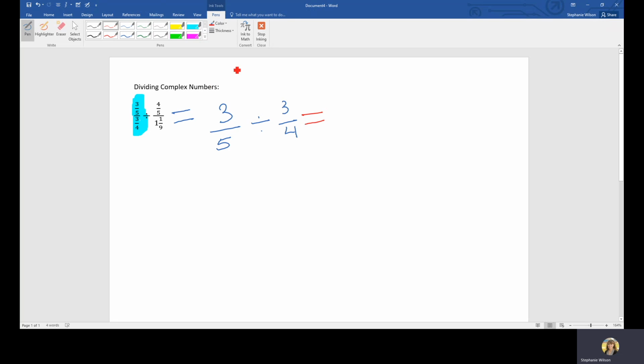And I want to talk to you about dividing with fractions. There's a rule when dividing with fractions, and that is you keep the first term, comma, change the operation, and then you flip the last term.